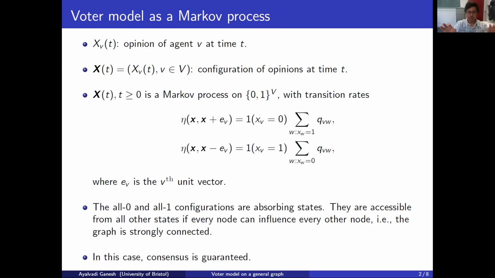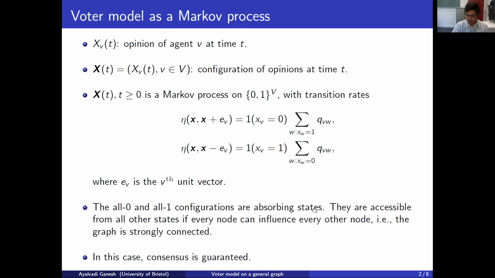Well, these are two disjoint communicating classes, so this will forever stay in state 0, this will forever stay in state 1, but the whole graph won't reach 0, won't reach 1. So that's intuitive. That's a counterexample to reaching consensus. And that's more or less it.